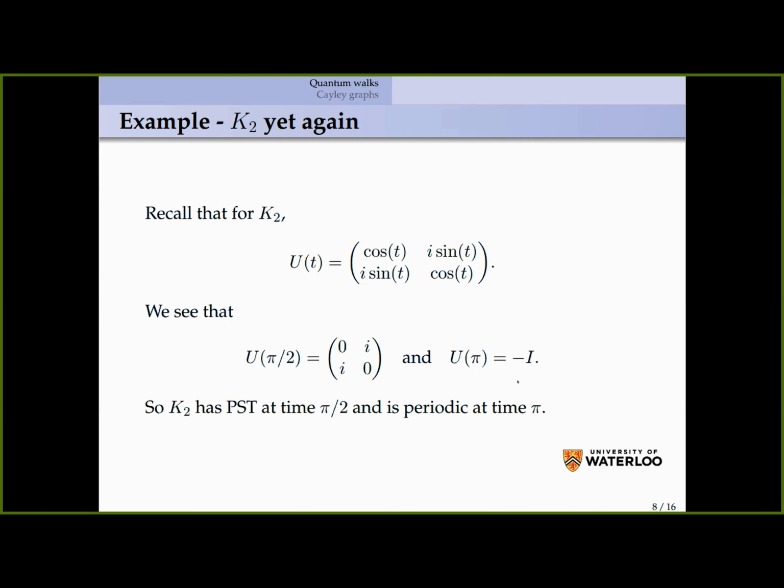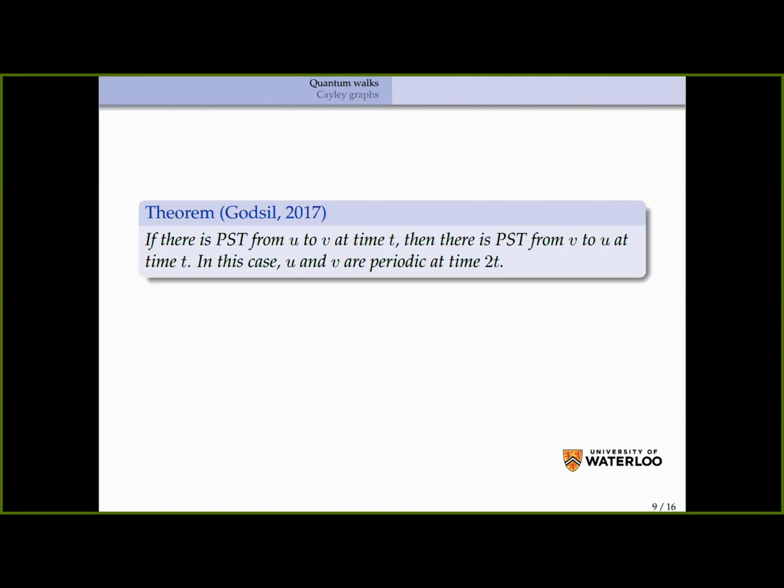Again, is that a coincidence? And the answer is no. If there is PST from u to v at time t, then there's also PST from v to u at time t. This just follows from the symmetry of the matrix U of t.